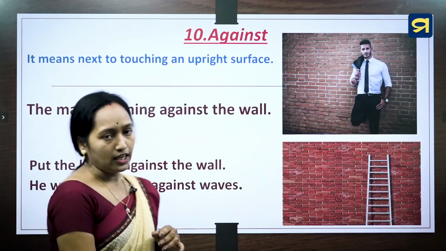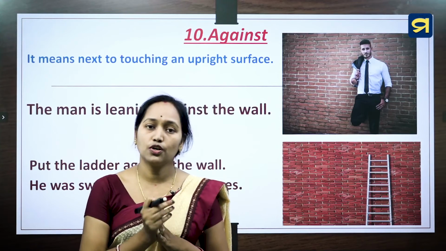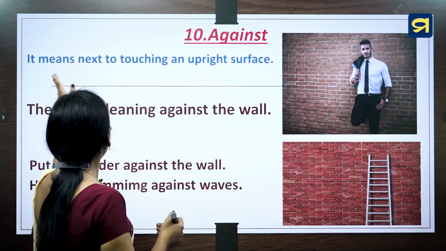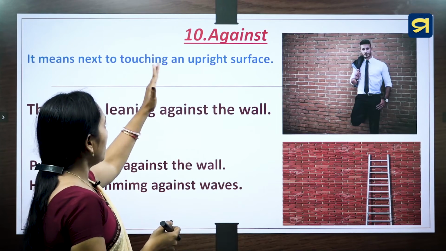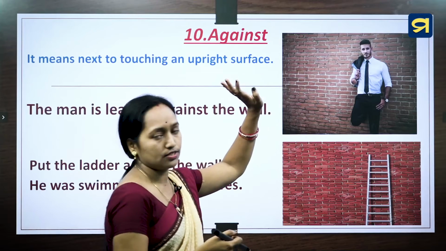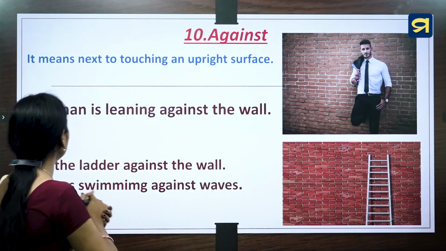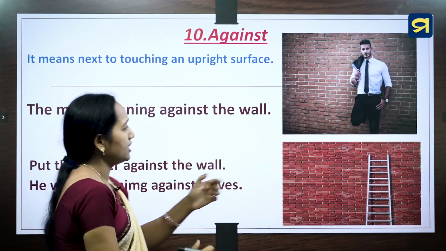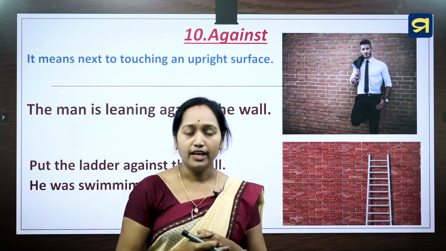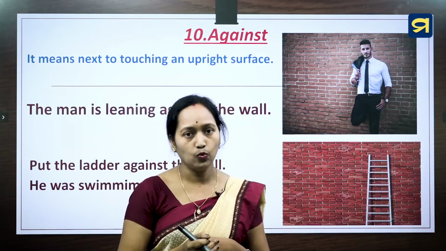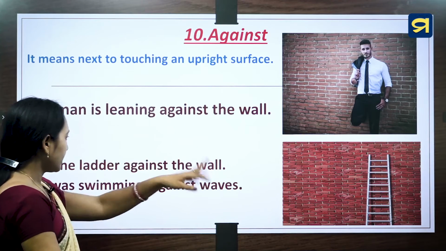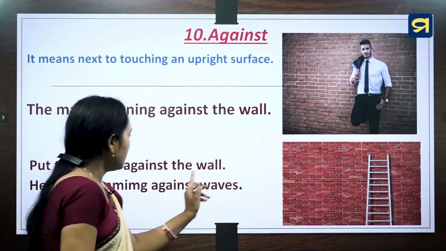Next preposition is against. It means next to, touching an upright surface. Take for example, the man is leaning against the wall. And in the second image, put the ladder against the wall.